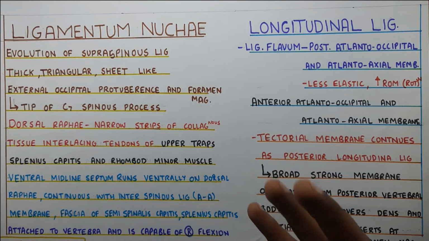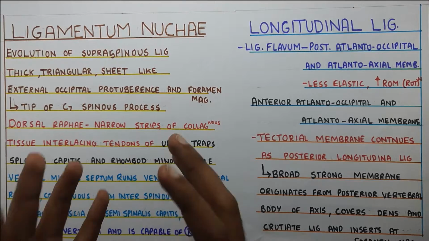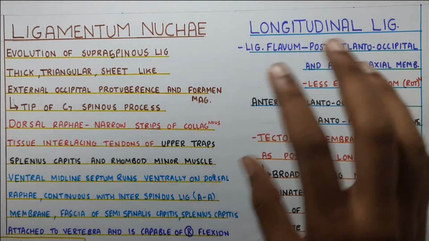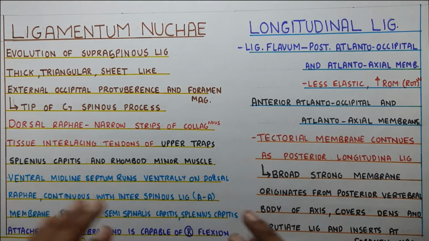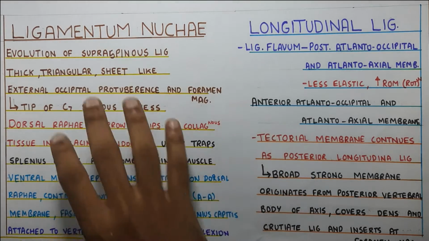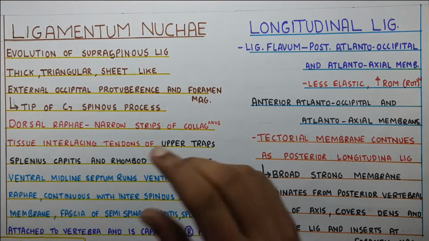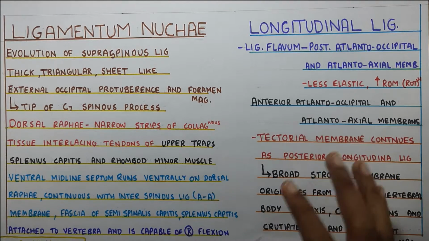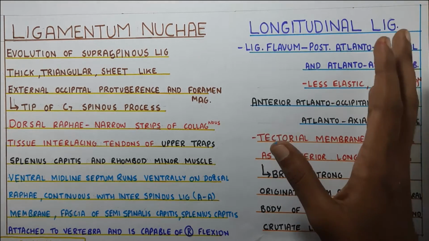Just read them and try to absorb them and keep them at the back of your mind, because when you'll be reading about some other topic, you'll always find some connection with this topic, and that's how you form those connections and create a whole concept in your mind. So keep these things at the back of your mind. You might not have to remember everything word for word, but make sure that you pay attention to what structures are present. Now let's go on to the last part, that is the longitudinal ligament.